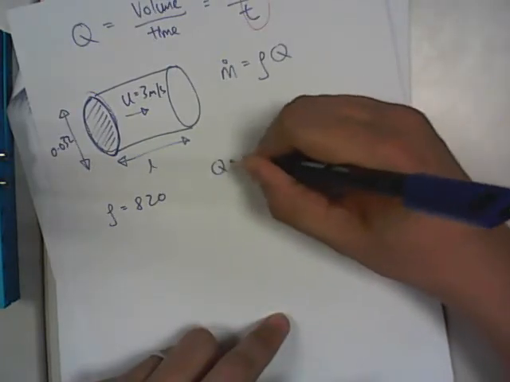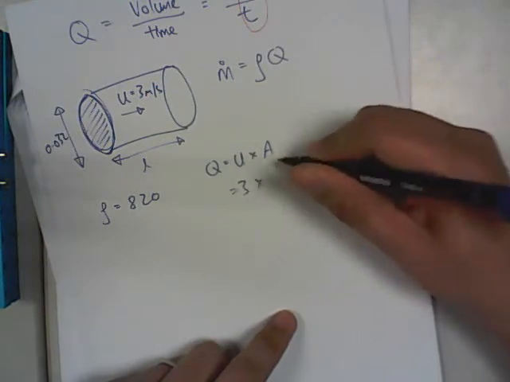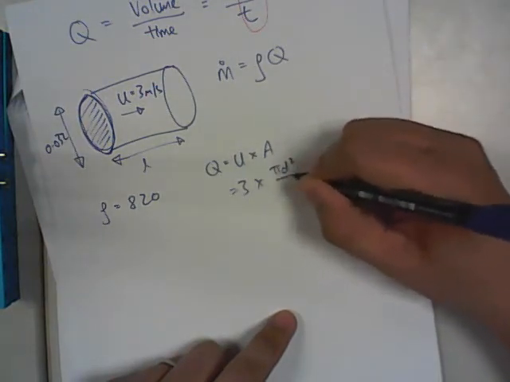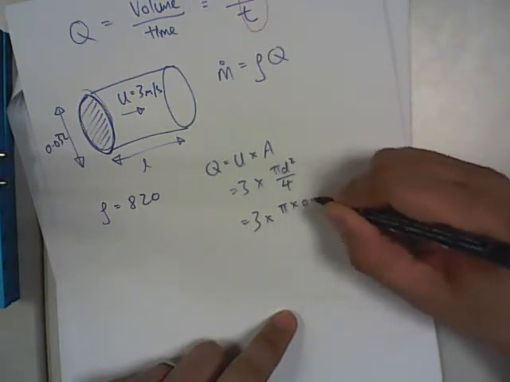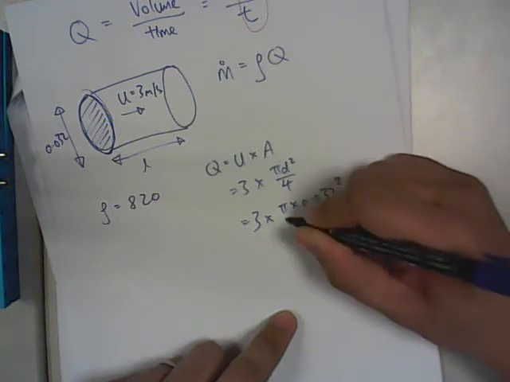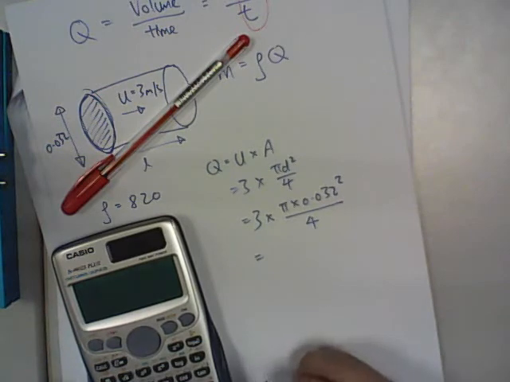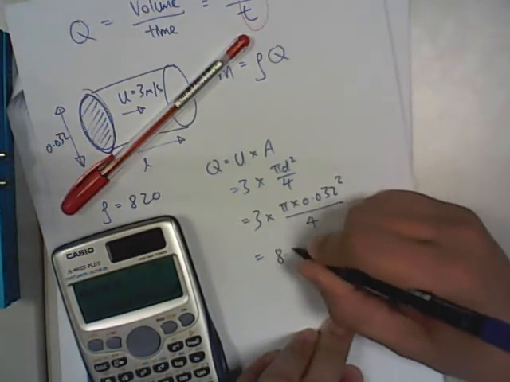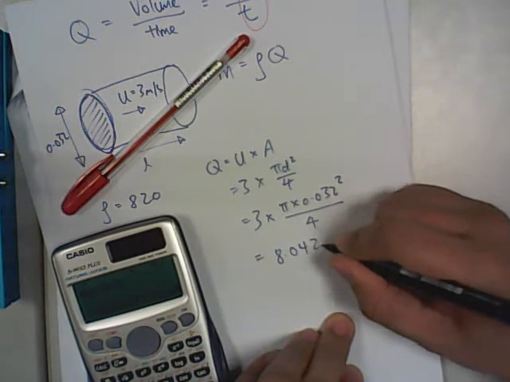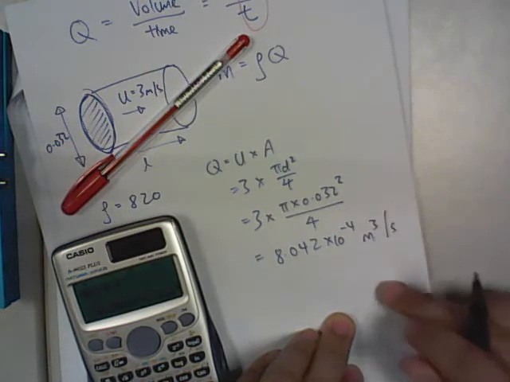The volume flow rate is U times A. U is straightforward, 3. A is pi d squared over 4, so it equals 3 times pi times 0.032 squared over 4. So this is 8.042 times 10 to the power minus 4 meter cube per second.